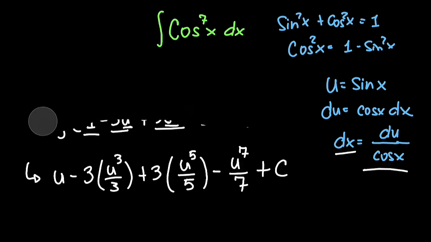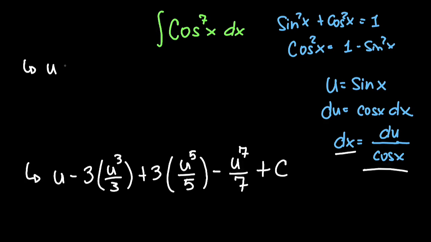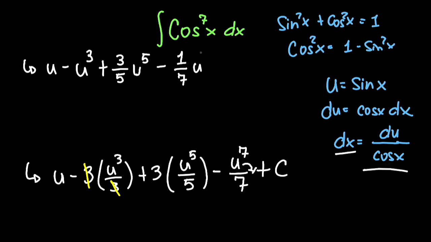Simplify these terms first. This would be u minus, the 3 cancels, leaving u to the power of 3, plus 3 over 5 u to the power of 5, minus 1 over 7 multiplied by u to the power of 7, plus c.